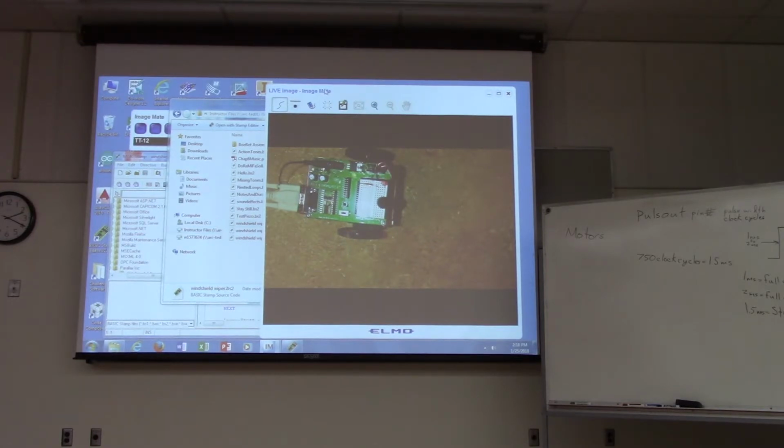So it's a good idea to program the stamp with the switch in position 1, because that allows you to send the program over and it keeps the motors off, and then when you're ready, you can move the switch over to position 2 and turn those motors on. So that's what we're going to do. We've got it turned on in position 1.